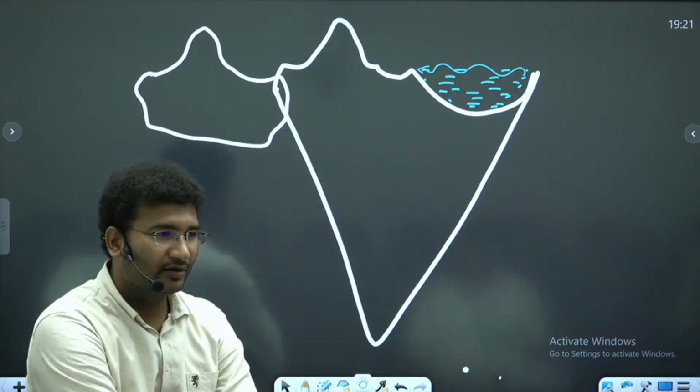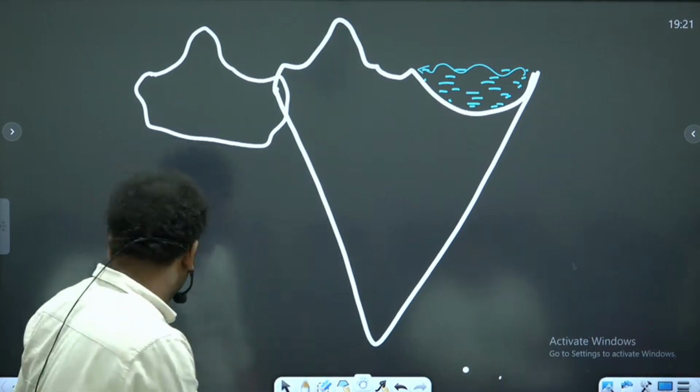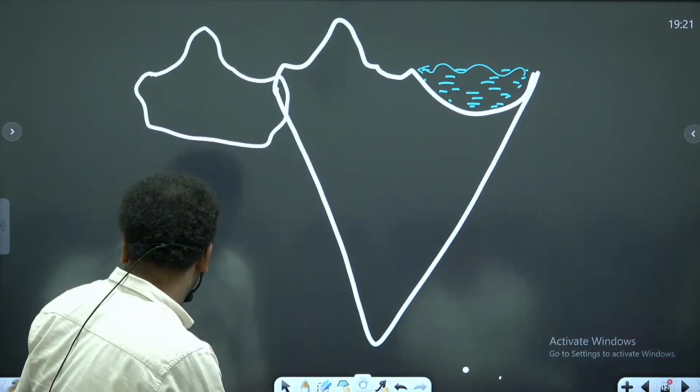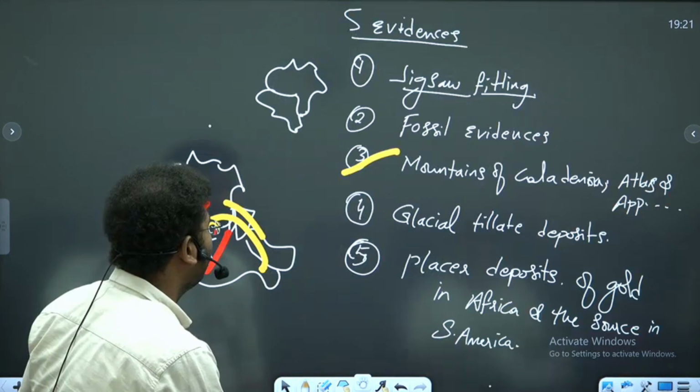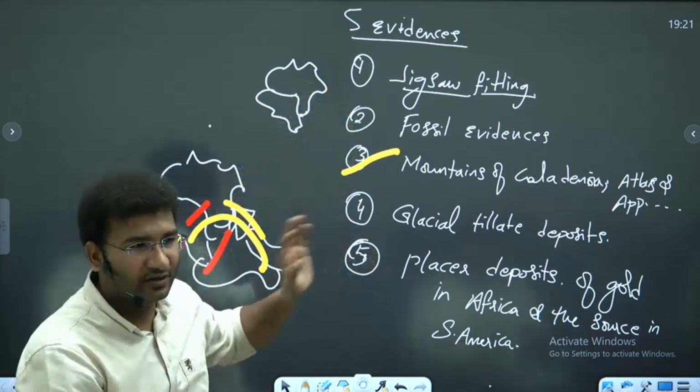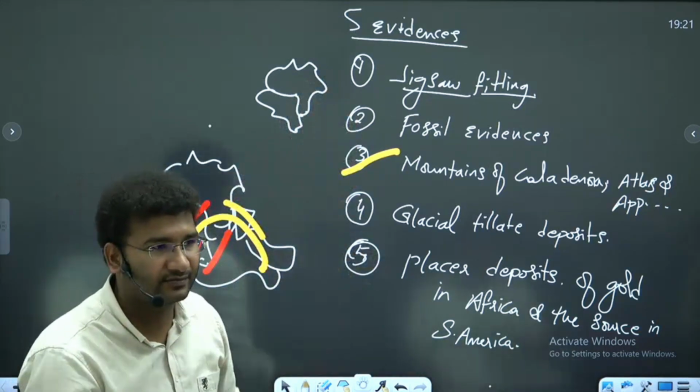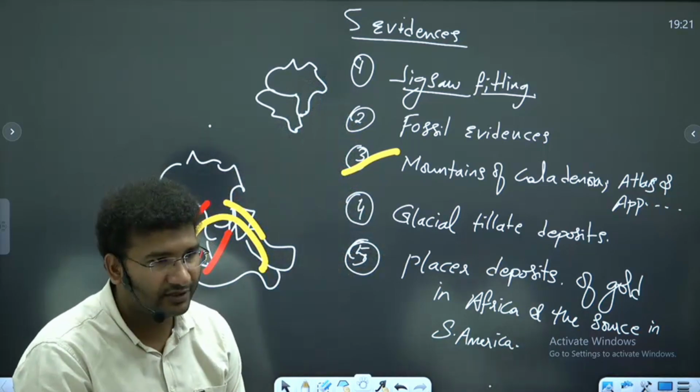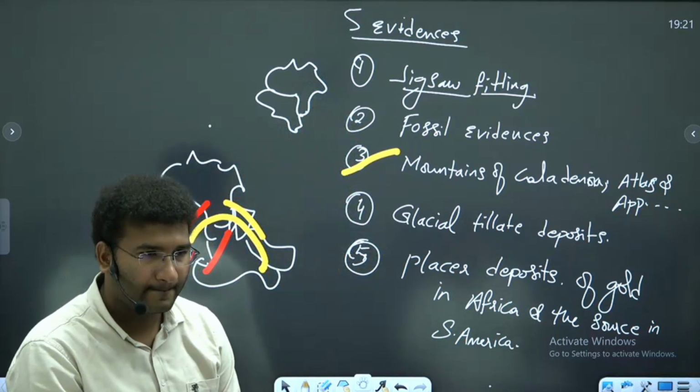And remember, in the entire Wegener's theory, till date, only few things are considered to be true. Rest of the things are false. Got it? Clear?